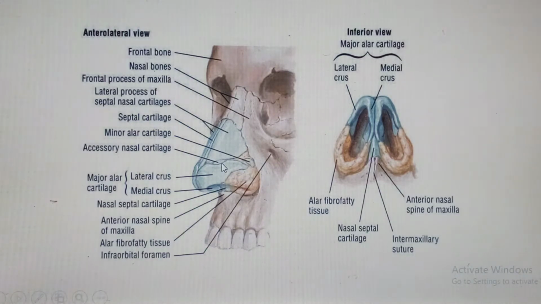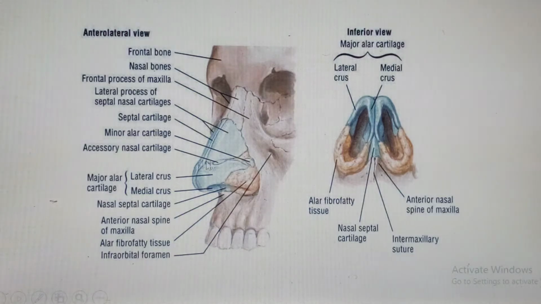They are sandwiched between the lateral nasal cartilages and the lateral crus of the major ala cartilage. Then, posterolateral to the major ala cartilage, I have the minor ala cartilage.